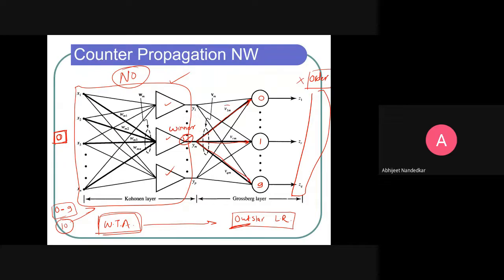The weights associated with these connections are only trained. So this is a fan out kind of situation. From the winning node, whatever connections are going ahead, they are getting trained for the proper order.